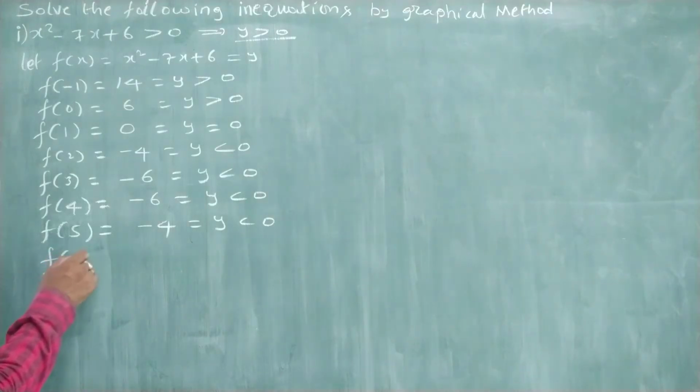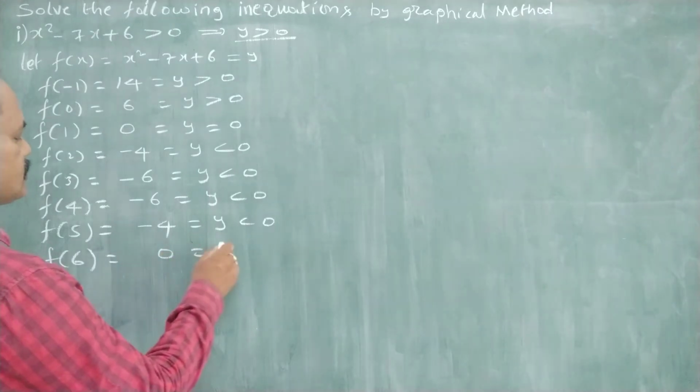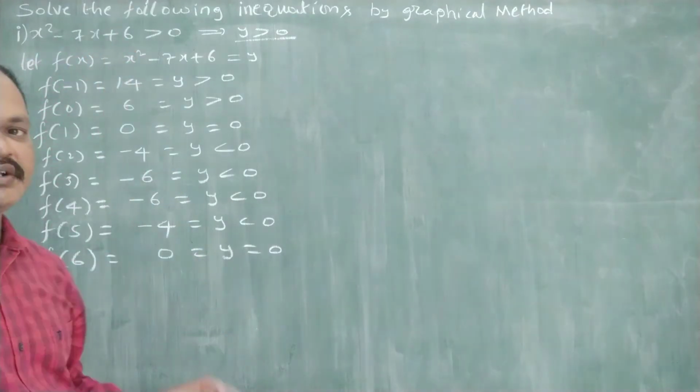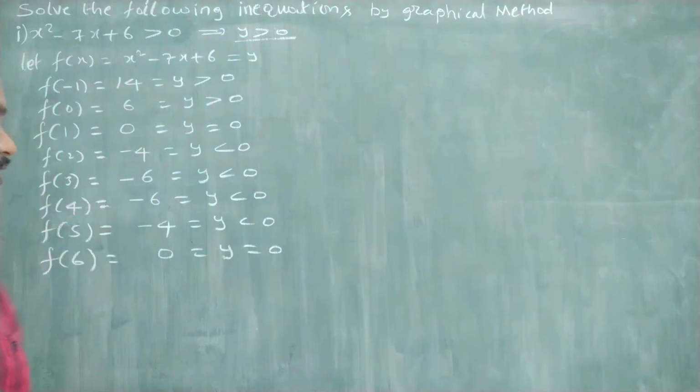Now f of 6 is 36 minus 42 plus 6, that is 0. So y is equal to 0. That's why 1, 2, 3, 4, 5, 6 do not satisfy this inequation such that y greater than 0.